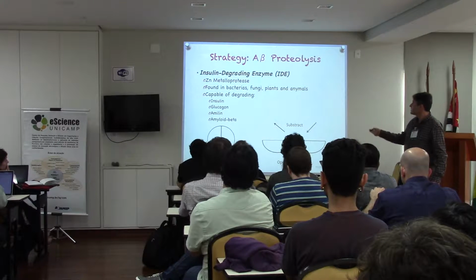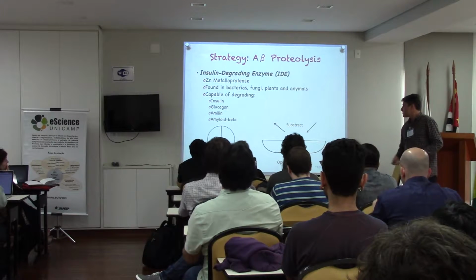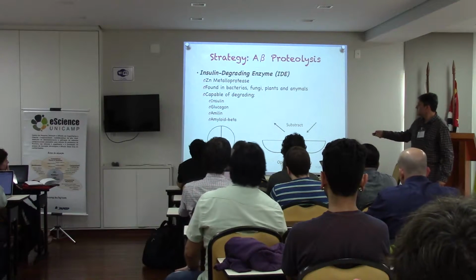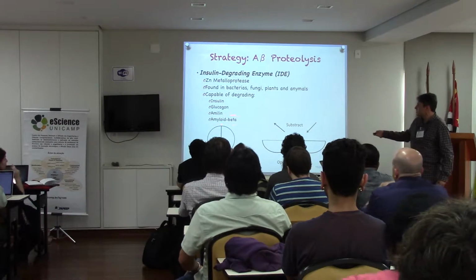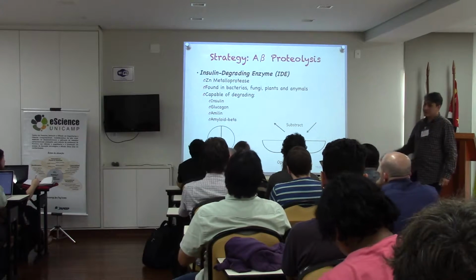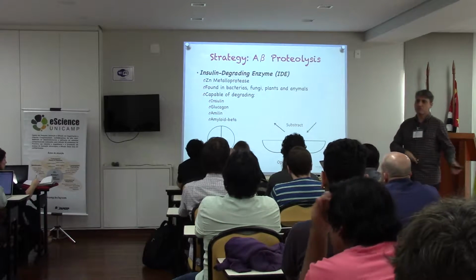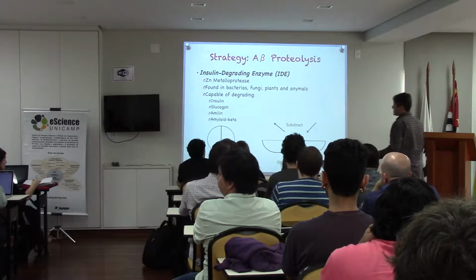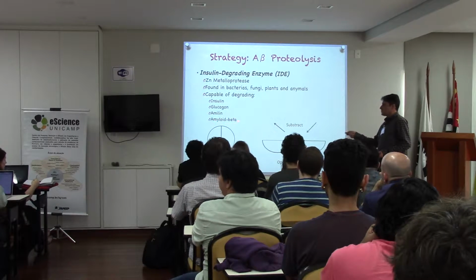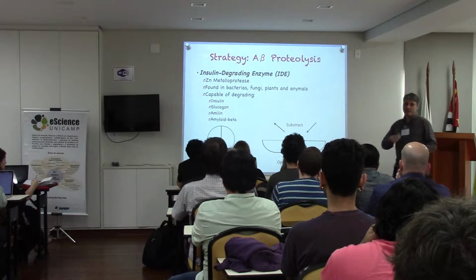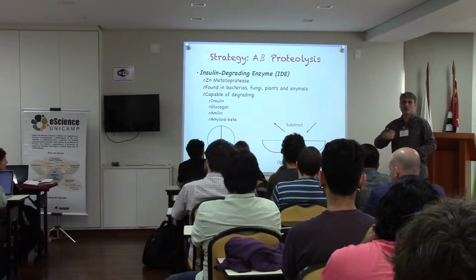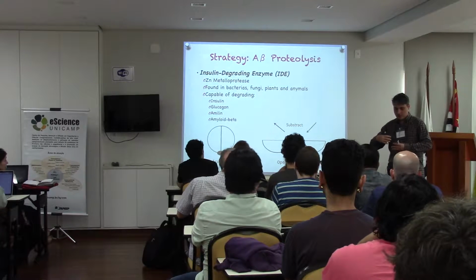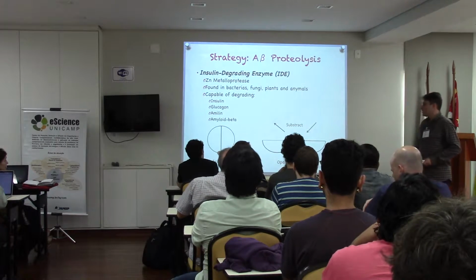We found this insulin degrading enzyme, which is a zinc metalloprotease, and the interesting thing is it's capable of degrading all those things, but especially in the brain, it is the one mostly responsible for degrading the amyloid beta, which is very related to Alzheimer's disease. There are some experiments in rats that show that if you can somehow remove the amyloid beta plaques, rats recover memory and memory skills.